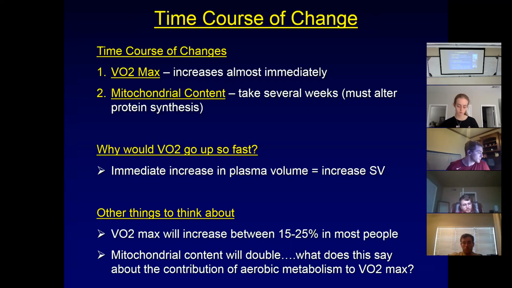Okay. I don't know if we mentioned this at all, but in general, most people who start off untrained can increase their VO2 max maybe somewhere between 15 to 25 or 30%. Okay? About 40% of the ability to change VO2 max is genetic. They've got some really fascinating studies in identical twins.